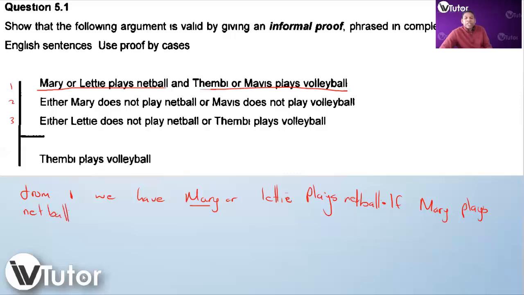So we say if Mary plays netball, what's going to happen? If Mary plays netball, then here we have Mary does not play netball, or Mavis does not play volleyball. And then from 2, because we know that Mary plays netball, it should be true that Mavis does not play volleyball.